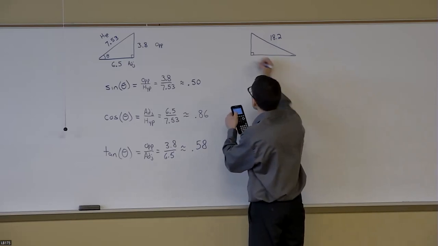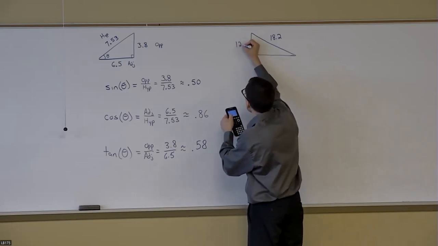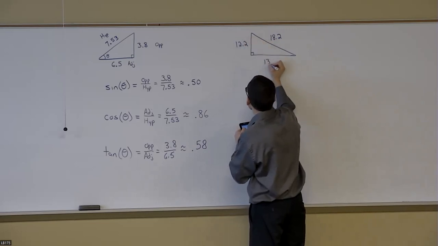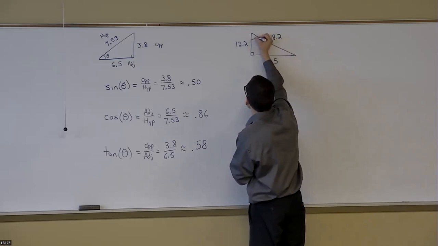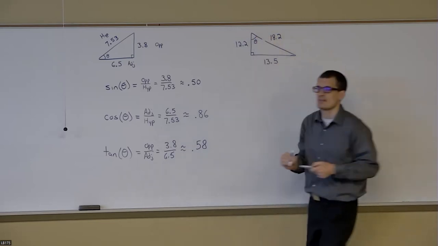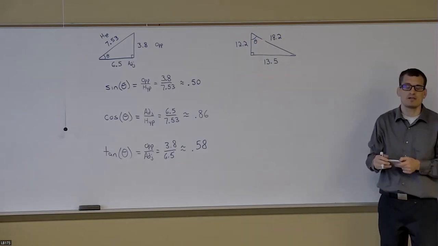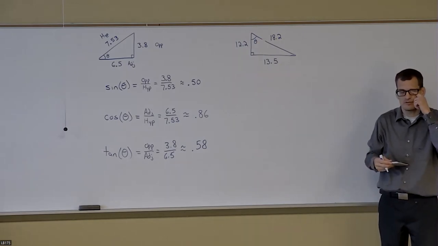One side is length 12.2. The other side is length 13.5. And I'm gonna do something a little bit different. I'm gonna put my angle theta in the top left corner.